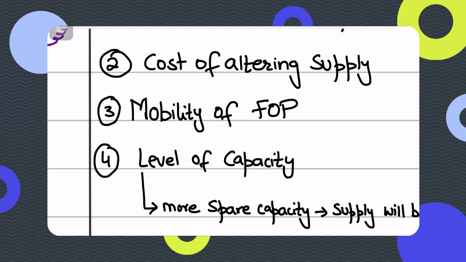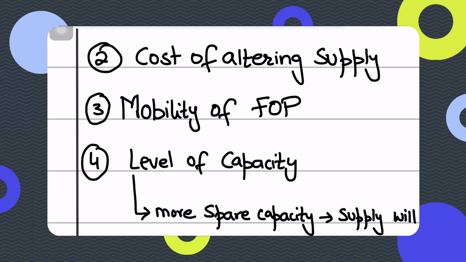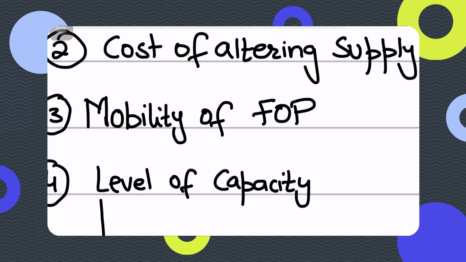And this is because it will be reasonably easy for firms to increase their supply by employing more factors of production, because they can easily employ those factors of production.